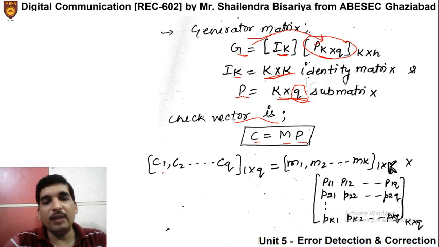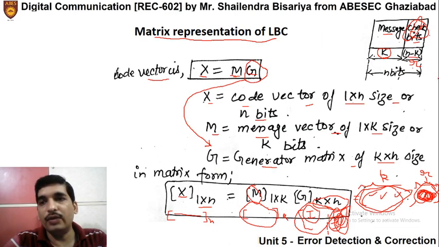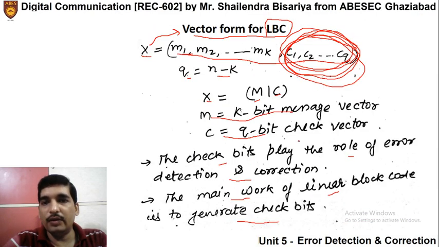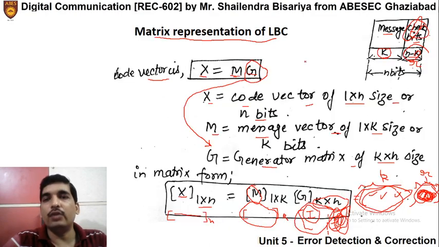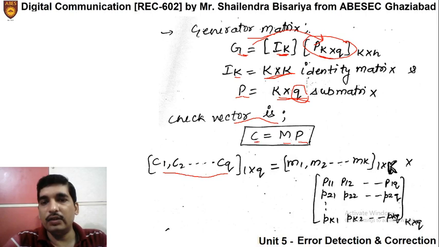We can represent it like C1, C2, CQ are the check bits as per the code. This portion we are talking about, C1, C2, CQ. To obtain this portion, C is equal to message into parity matrix. C1, C2, CQ we can obtain by M1, M2, Mk of 1 cross k size multiplied with this parity matrix of k cross q size.